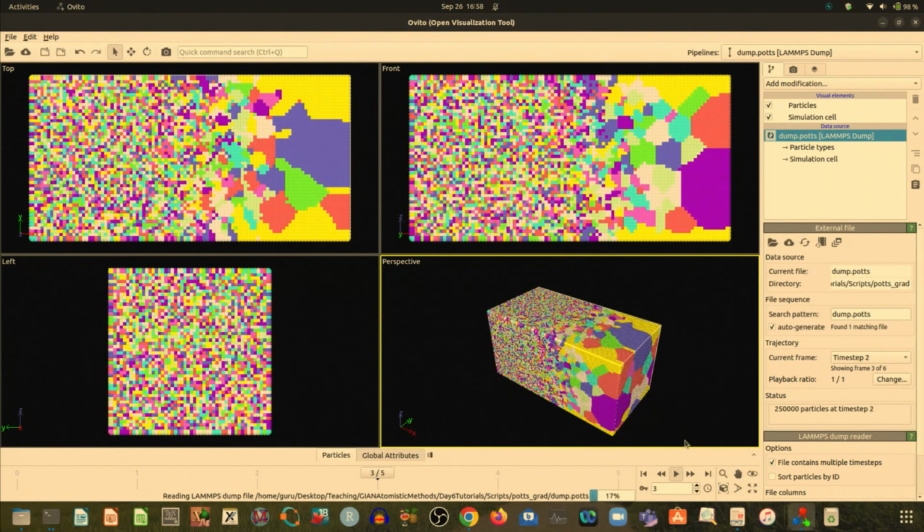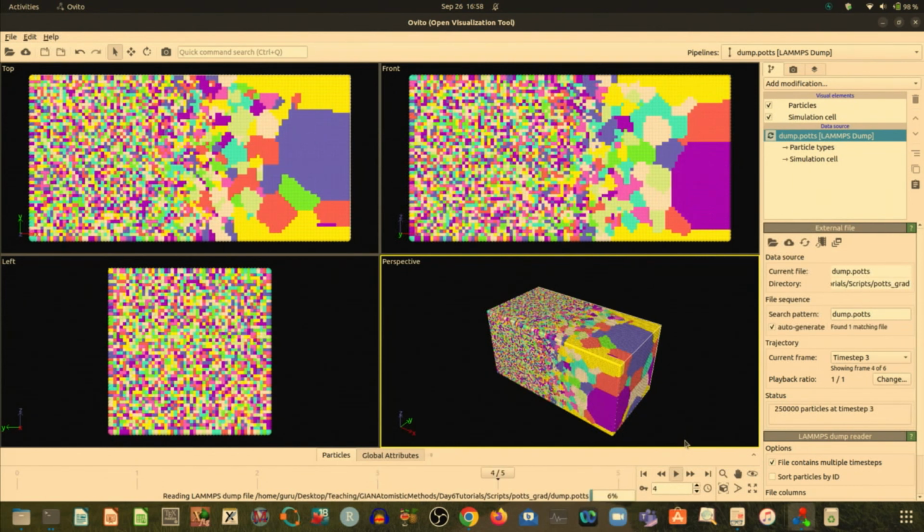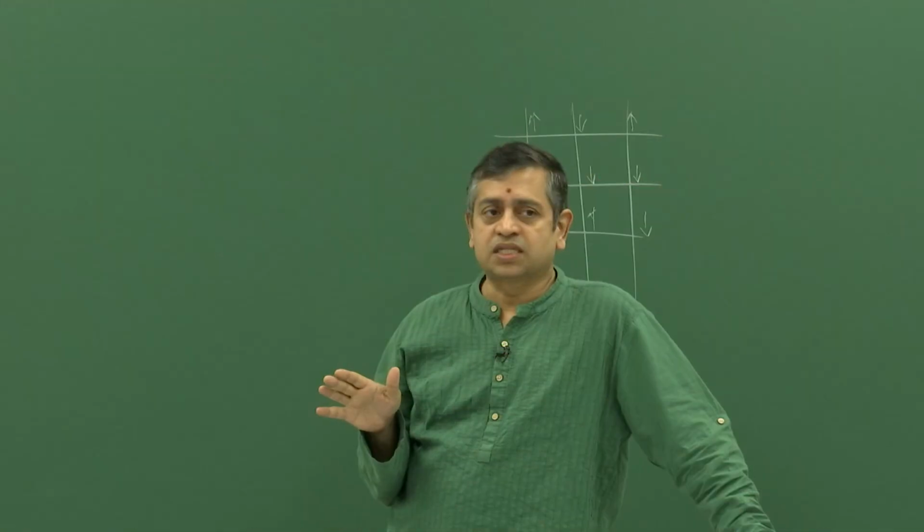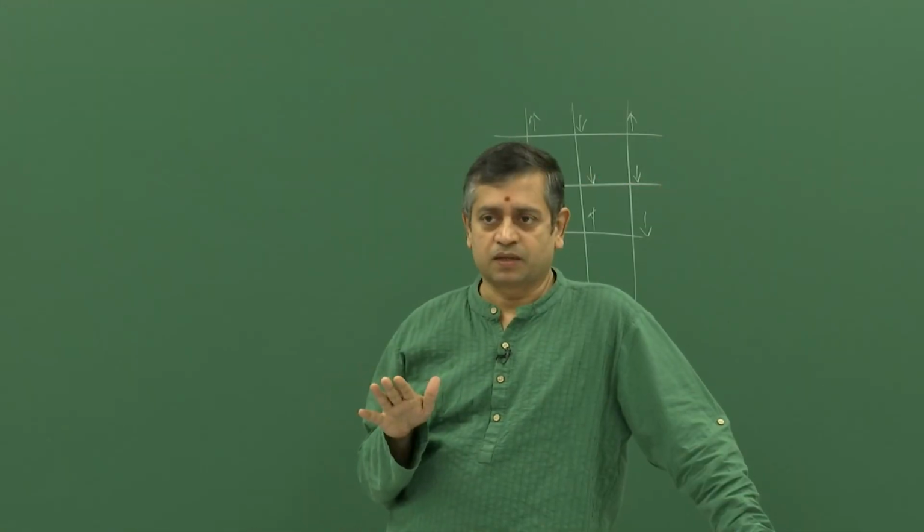You will see grain growth happens, and by the time you reach 5 or something, these have become really big grains. On the other end, they haven't grown so much. Okay, so this is as far as SPPARKS is concerned for today.